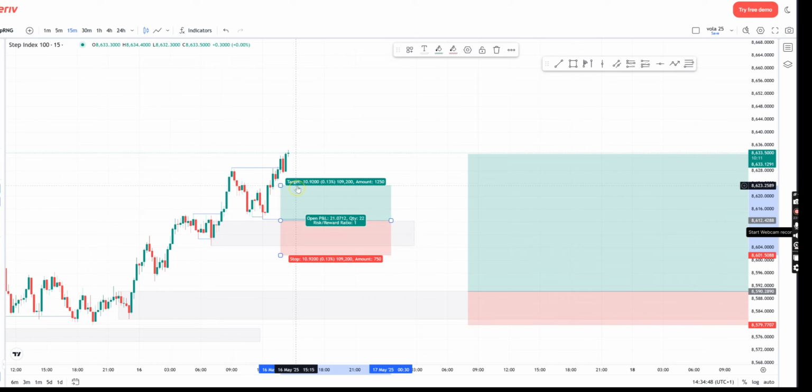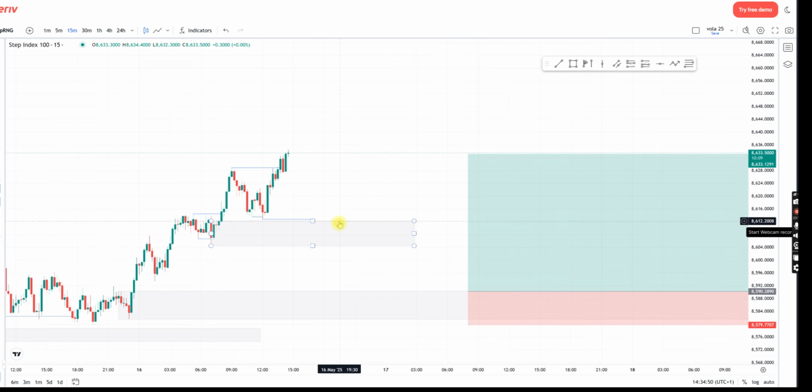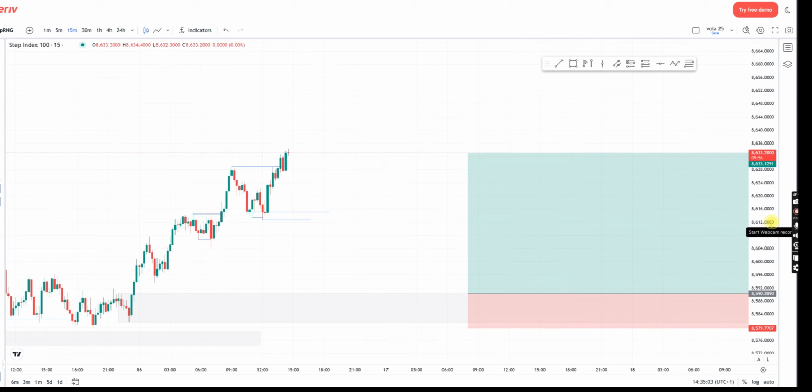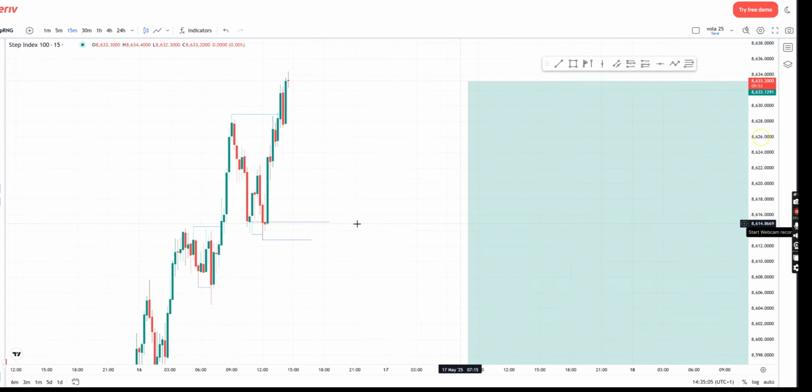Or I can also refine it for me to be on a safer side and reduce my risk management. I can also refine it to this sweep here. And what do you see on that sweep, on that QRM? It is on top of this.